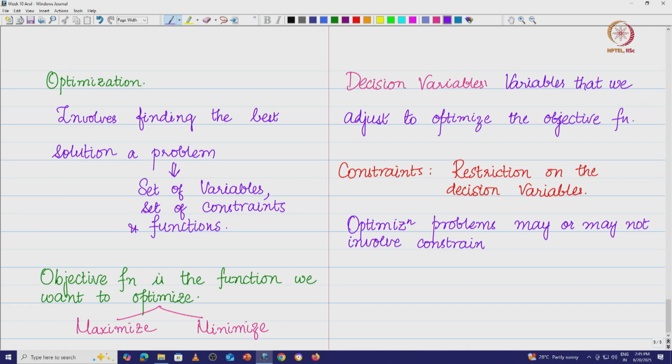It could involve, it need not just be a function of a single variable, it could be a function of multiple variables too. So, we write this as: it may involve one or more decision variables.